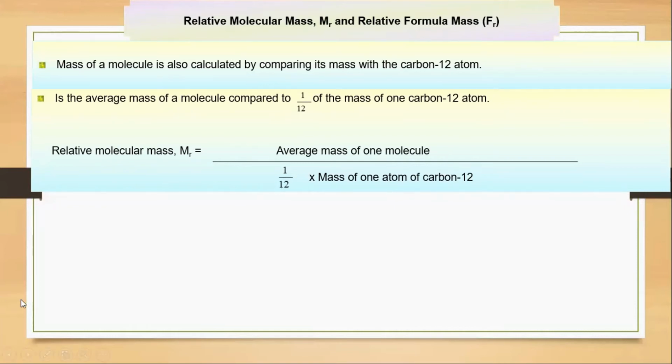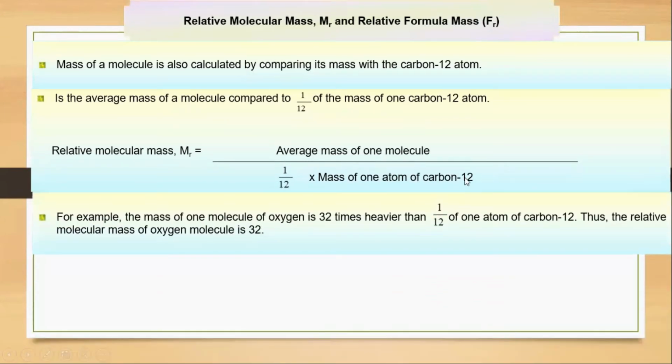The formula is relative molecular mass, Mr, equals average mass of one molecule compared to 1/12 of mass of one atom of carbon-12. For example, the mass of one molecule of oxygen is 32 times heavier than 1/12 of one atom of carbon-12. Thus, the relative molecular mass of oxygen molecule is 32.